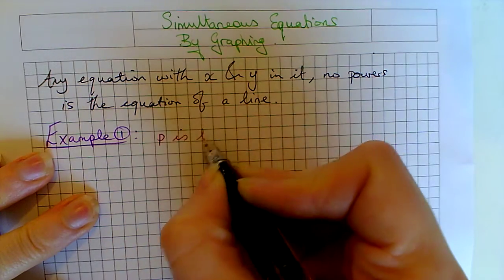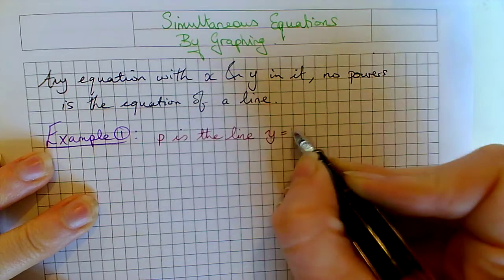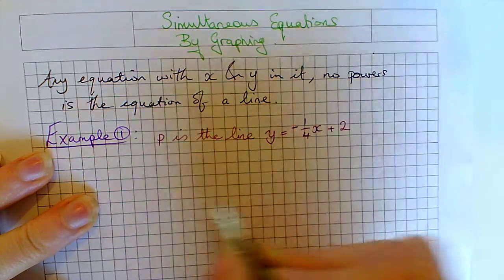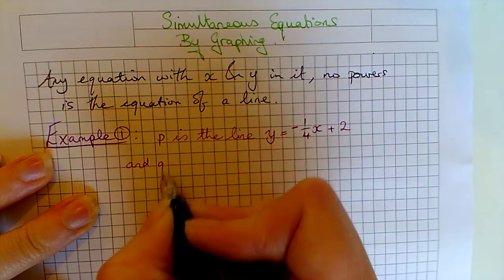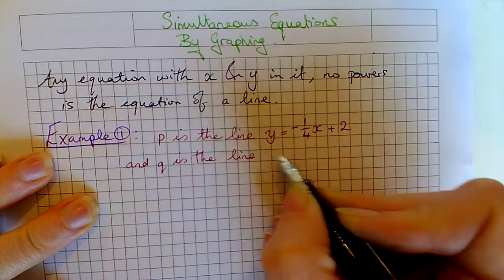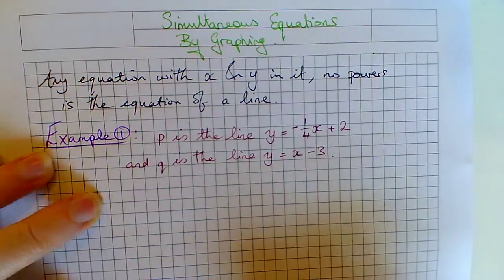P is the line y equals minus a quarter x plus 2, and Q is the line y equals x minus 3.